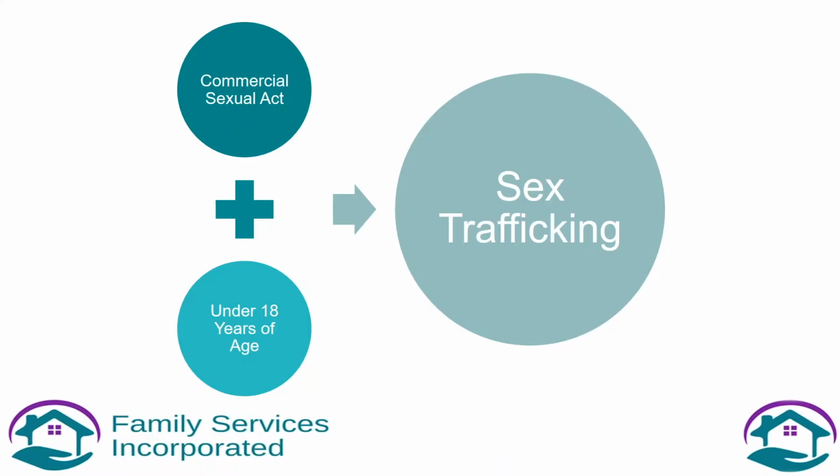If someone is selling themselves for sex and they're under the age of 18, that is sex trafficking. Someone is trafficking them. Force, fraud, or coercion does not have to be proven in that instance. That magic number is: are they 18 years of age or older? If they are under the age of 18 and they are engaging in a commercial sexual act, it is sex trafficking, and therefore it is human trafficking.